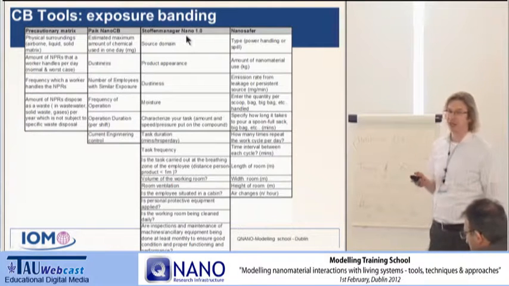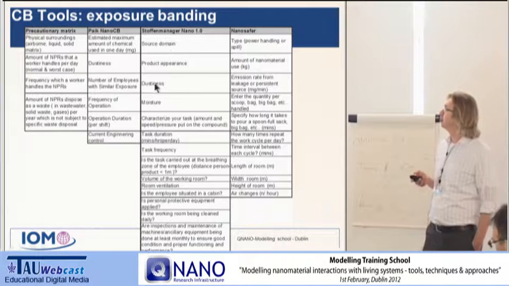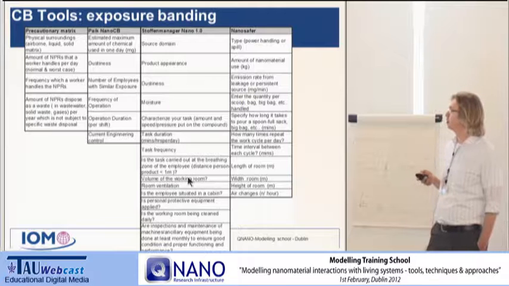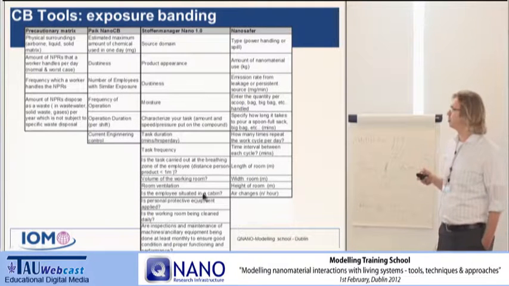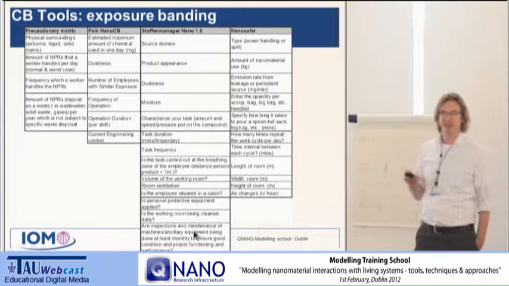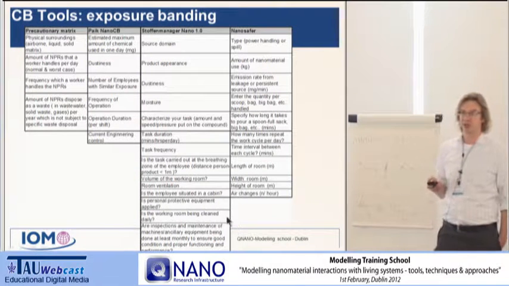For Stoffer Manager Nano, they require the most detailed information about the source domain, so what kind of activity it is, the product appearance, dustiness, the moisture content of the powder, what the task is, task duration, frequency, if it's in the near field or the far field, the volume of the room, the ventilation, if there's any kind of separation of the worker from the process, PPE, if it's clean and if it's maintained. That basically is all the information that's required to come up with an estimate of exposure.